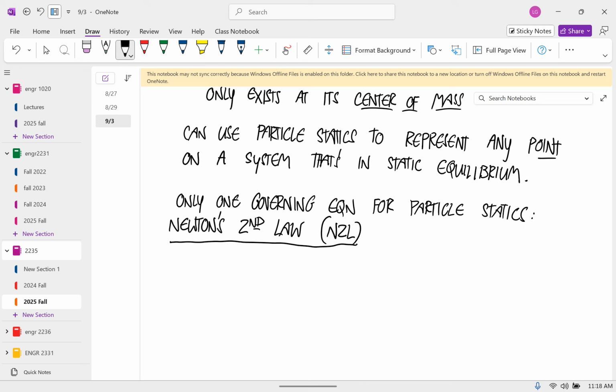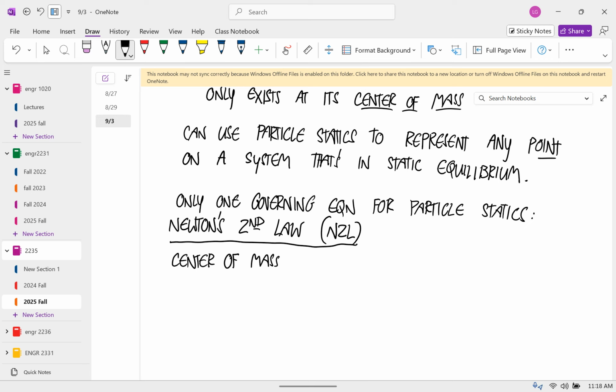It's equal to the mass times the acceleration of the center of mass. For us, since everything we do is going to be in static equilibrium, the center of mass has zero acceleration. What is static equilibrium?